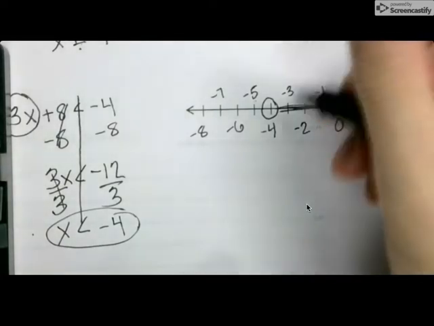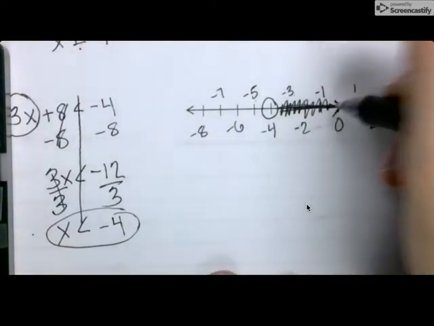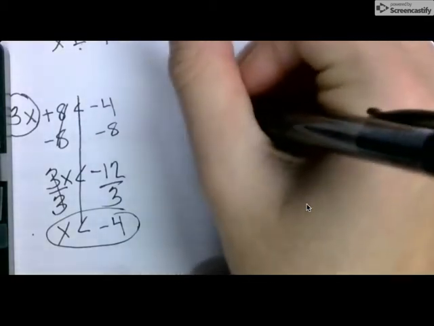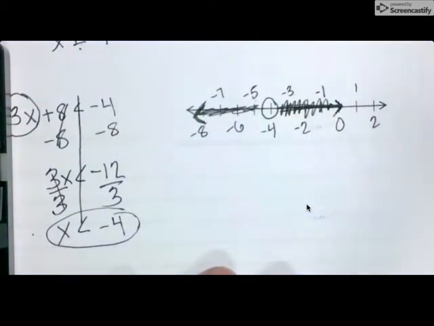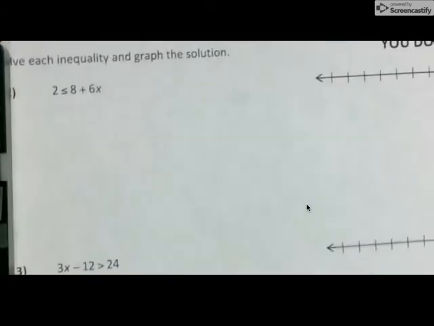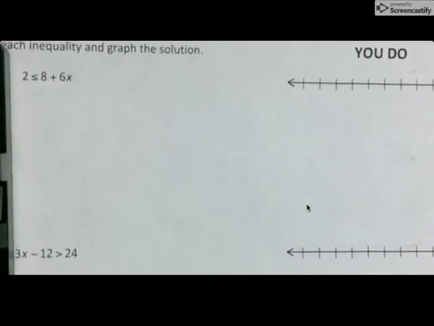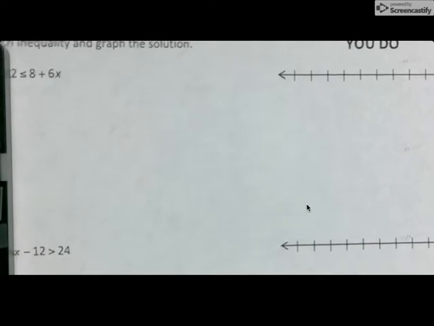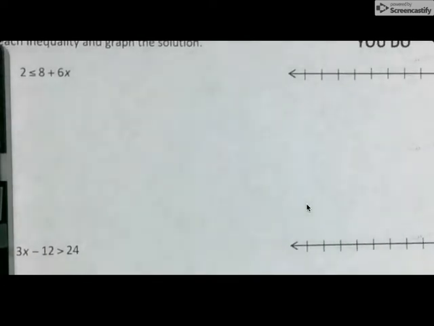I did that wrong. Goes the other way. I'm sorry, y'all. Okay. X, -5 is less than -4. Yeah. I had it, and then I second guessed myself. That's why I struggled through.